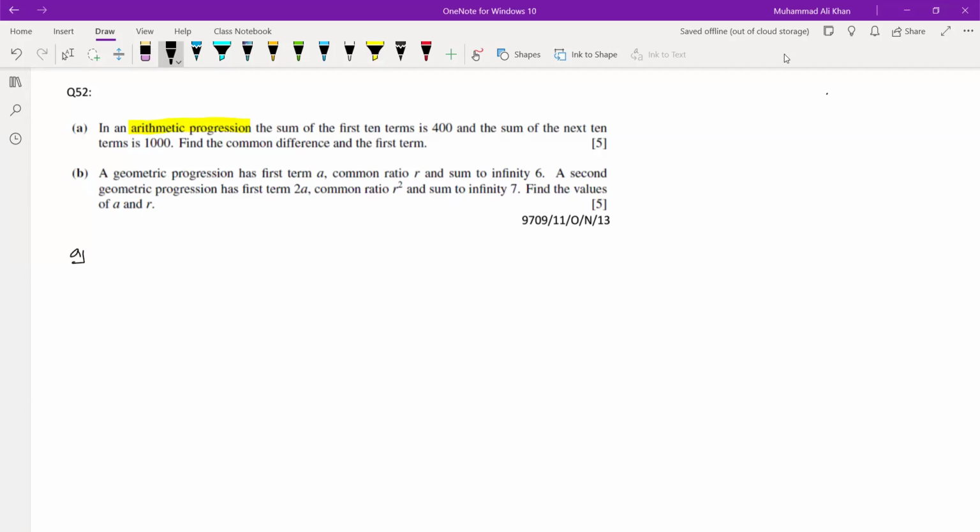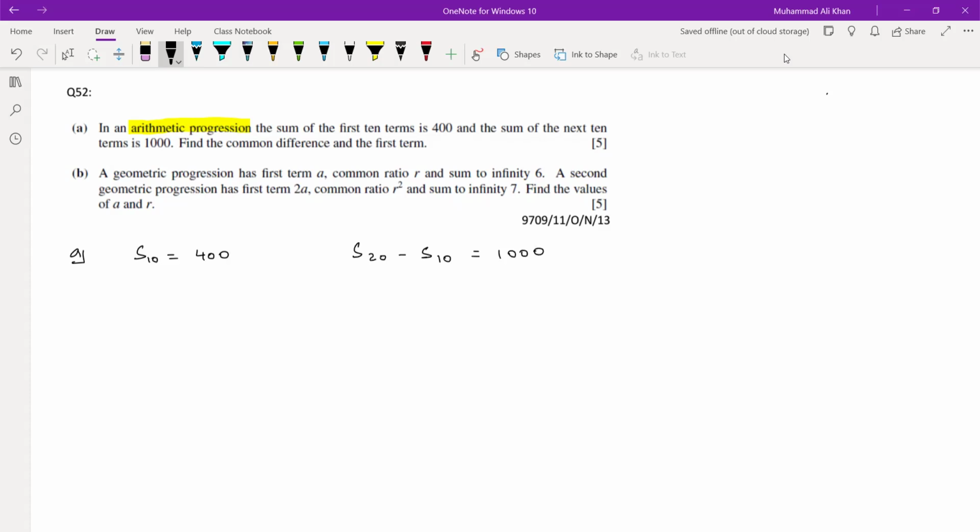So now S10 is 400, and the sum of the next 10 terms is 1000. So can I say that S20 minus S10 equals 1000? Can I say this?